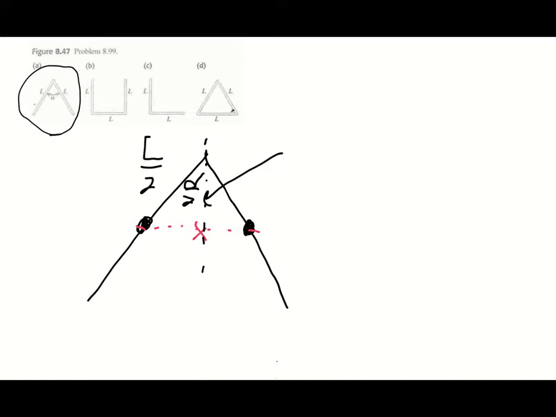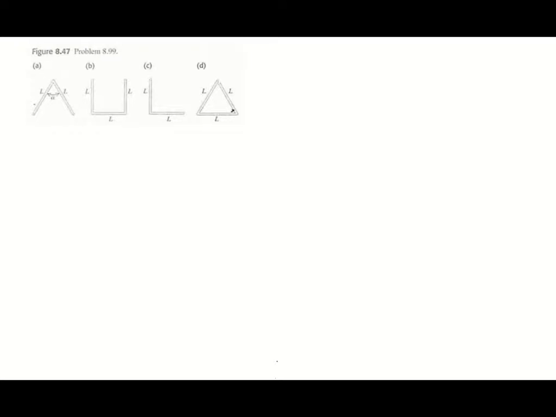The length of that side is going to be L over 2 cosine alpha over 2 down from there. So it's going to be L over 2 cosine alpha over 2 down from this point at the top, the apex at the very top there.